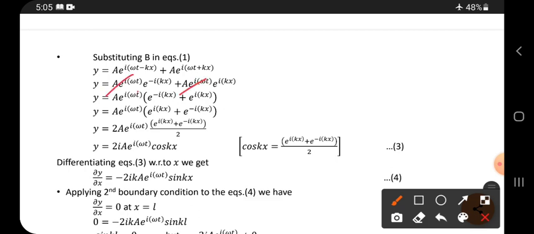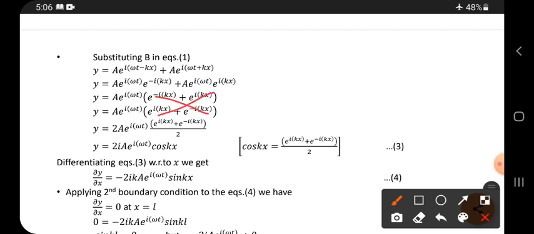These are the common factors, taken outside. In the bracket: e^(−ikx) plus e^(ikx). But actually the minus term has to be on the right side and this one on the left side, so rearrange them. See here, it is rearranged.